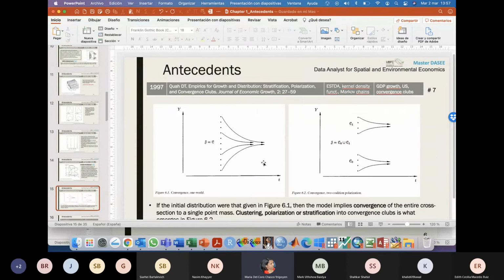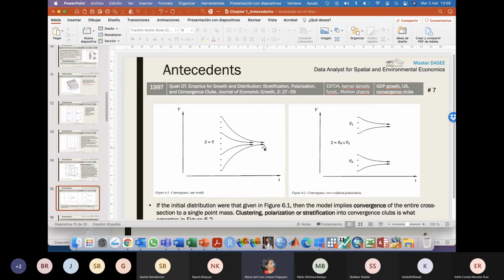Here in the last figure, Quah represented two types of kernel distributions. These shapes are interesting to analyze. So if the relative per capita income distribution in the first period was like the left-hand side one of this slide, then it implies convergence of the entire cross-section to a single point mass. So the distributions converge towards a single point.